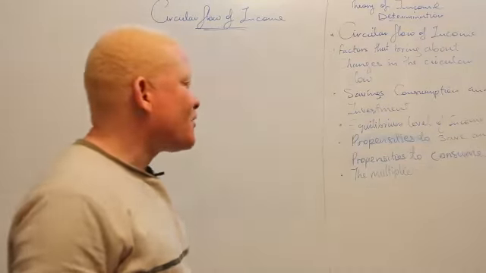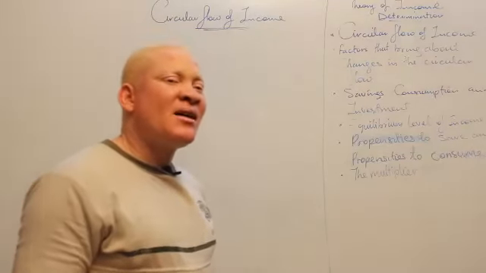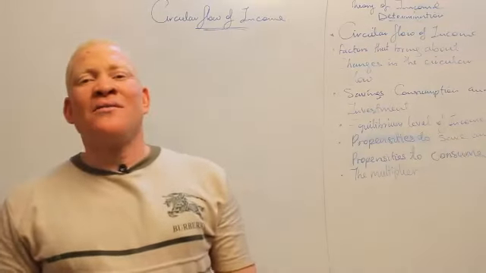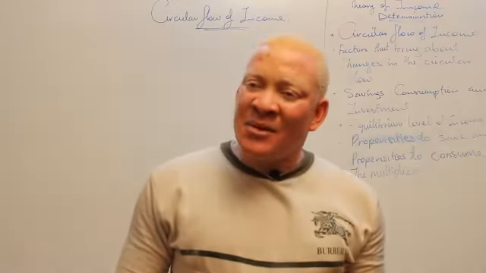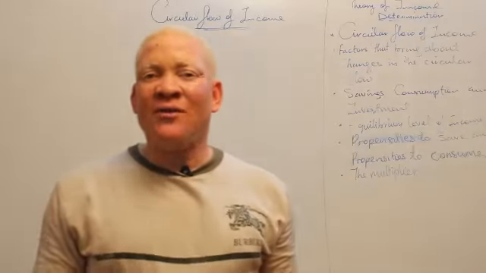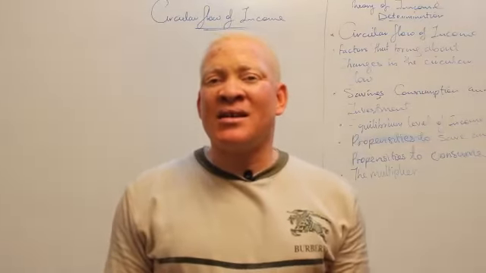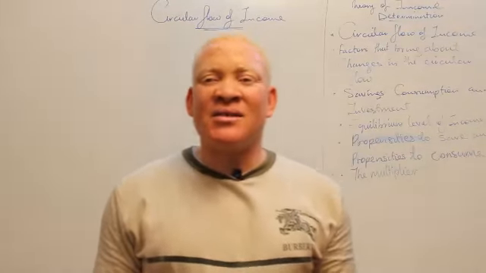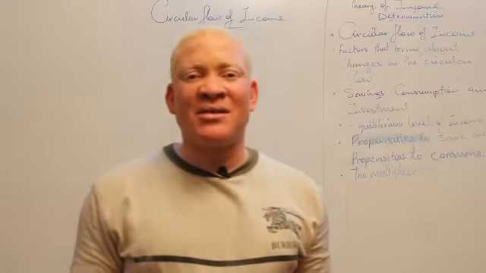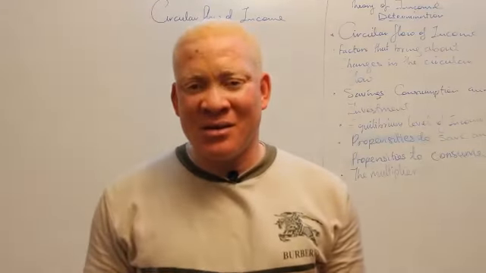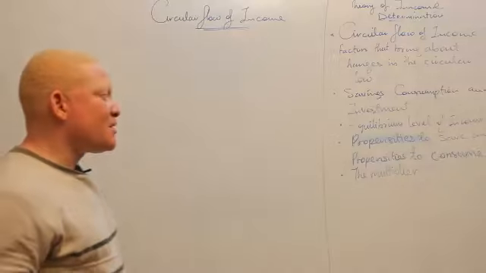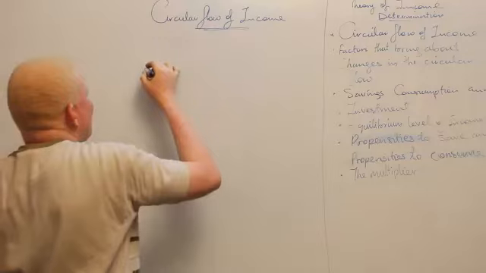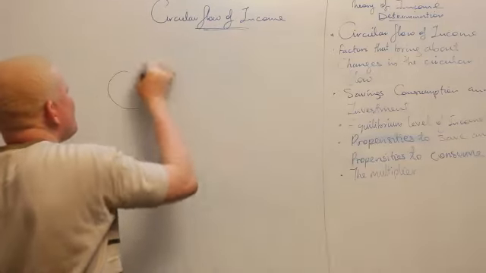The circular flow of income, therefore, is referred to as a model that describes the movement or flow of inputs or factors, output, and income as well as expenditure between the sectors or between the economic units in an economy.